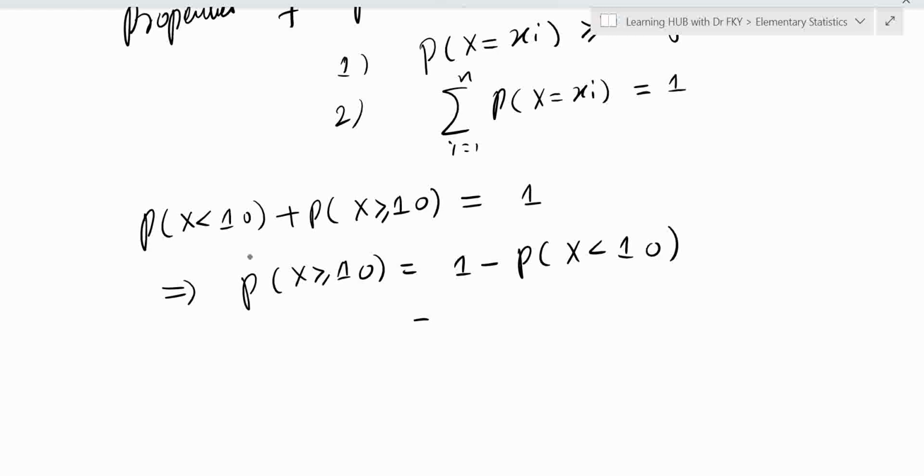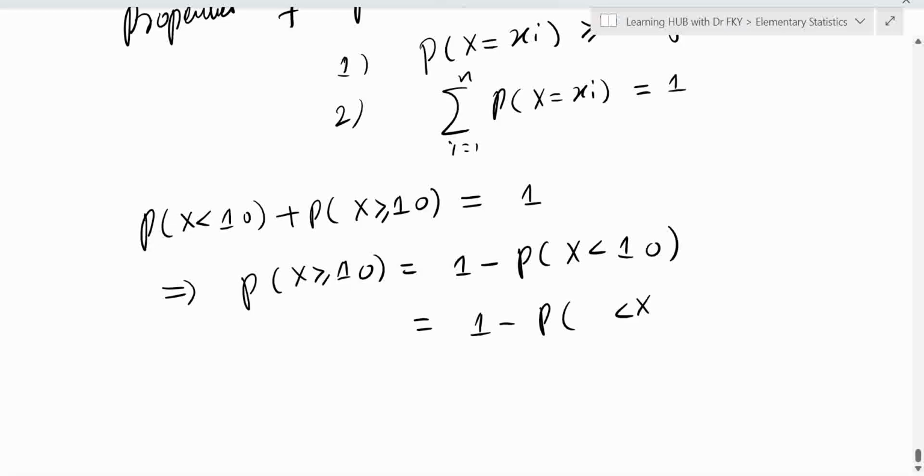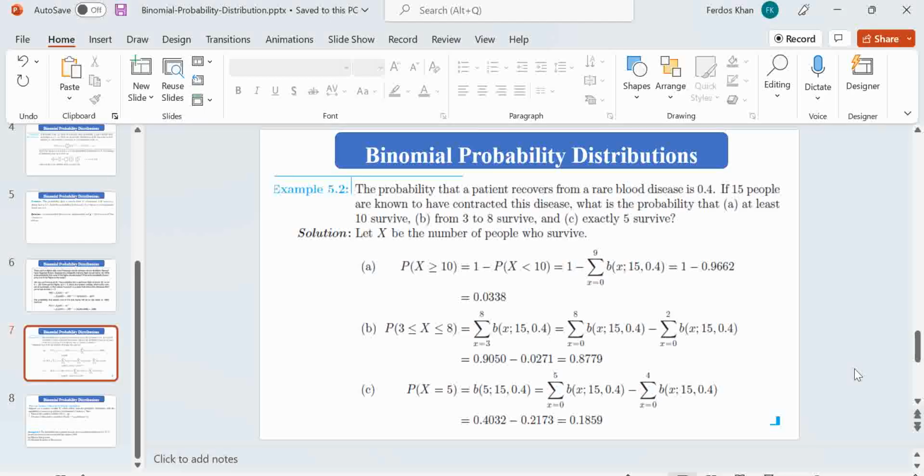In other words, you need to calculate the probability of x from 0 to 9. You will see this is from 0 to 9. So the probability from 0 to 9. You can use this formula as well, which is mentioned in the problem, in the solution.